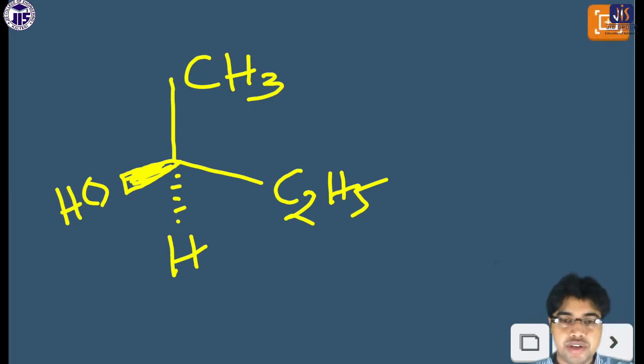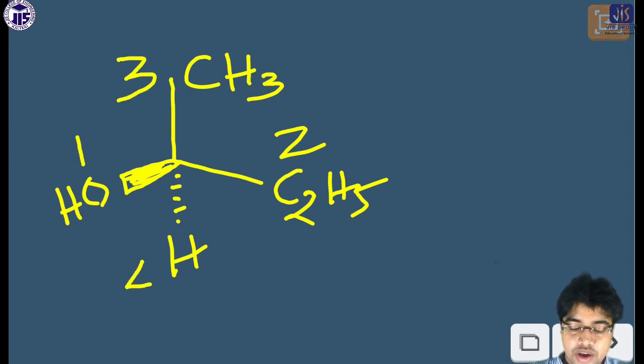First of all, what is your duty? Give the priority order. According to the priority order it will be 1, 2, 3, 4. When I'm considering the 4, just leave the 4, so you have to consider 1, 2, 3. 4 is at the back.